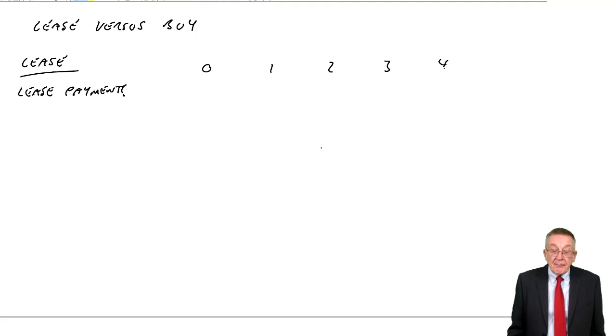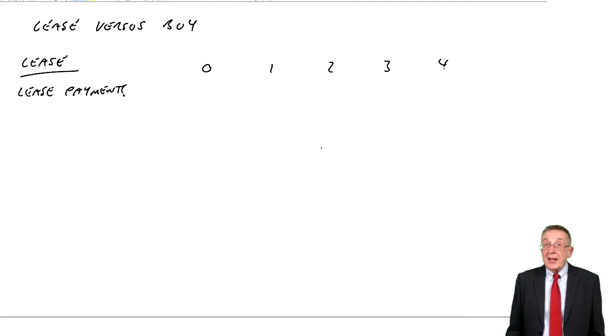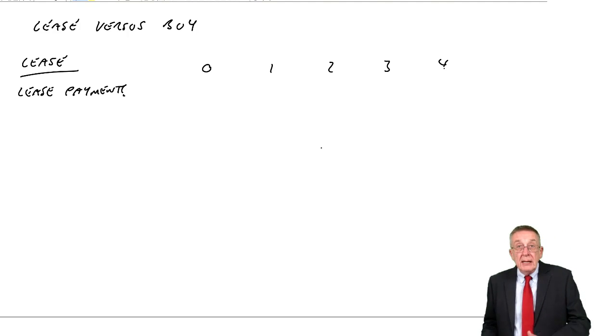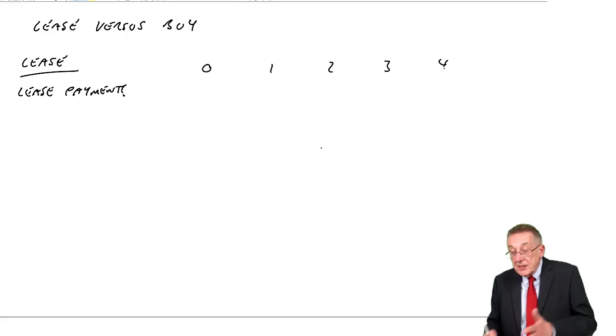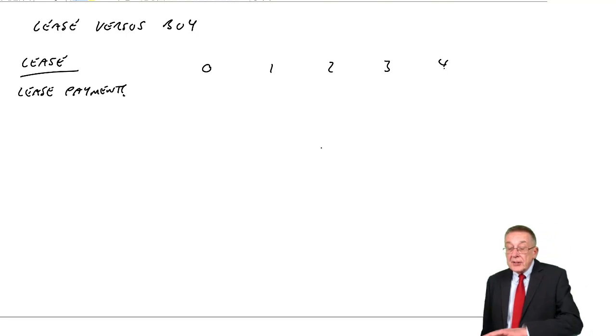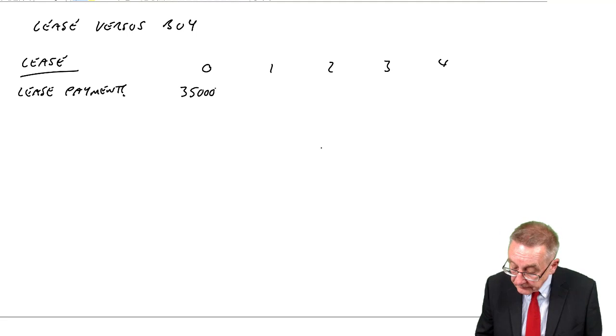Be careful though. It says, I did mention before, we're paying 35,000 a year. Normally, running expenses would be at the ends of the year, so time 1, time 2, and so on. But if we're paying at the start of the year, the start of the first year is now, time 0.